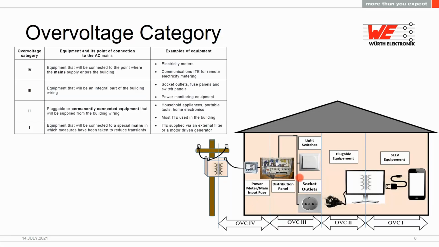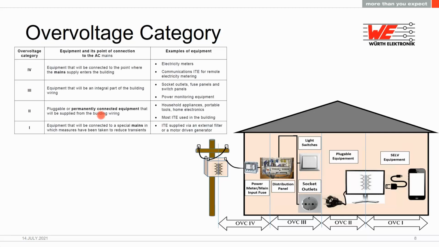Overvoltage category 3 would then maybe be light switches or your wall outlets inside your house. As we step over to overvoltage category 2, you're talking about pluggable equipment, maybe appliances throughout your house, your TV, your laptop, etc. And then overvoltage category 1 would be maybe a USB charger plugged into your laptop to power your cell phone.